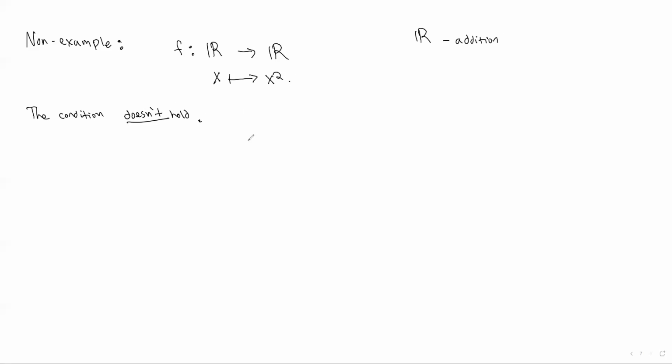Why? So f of a plus b, and remember this is the group operation in R. So f of a plus b is (a plus b) squared. F of a plus f of b is a squared plus b squared. These are generally not equal.